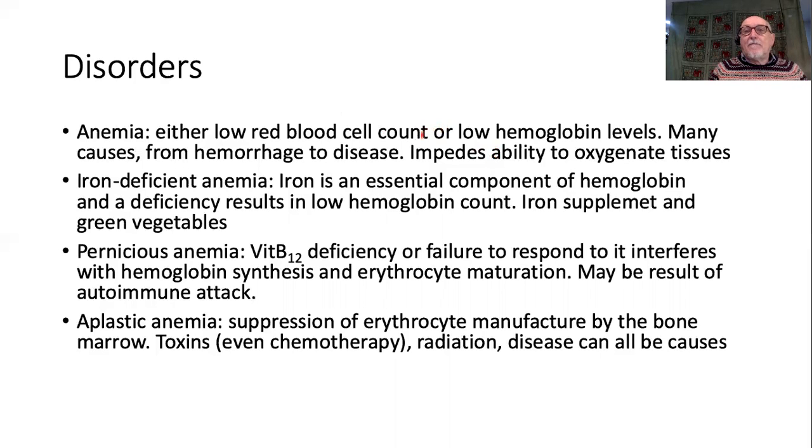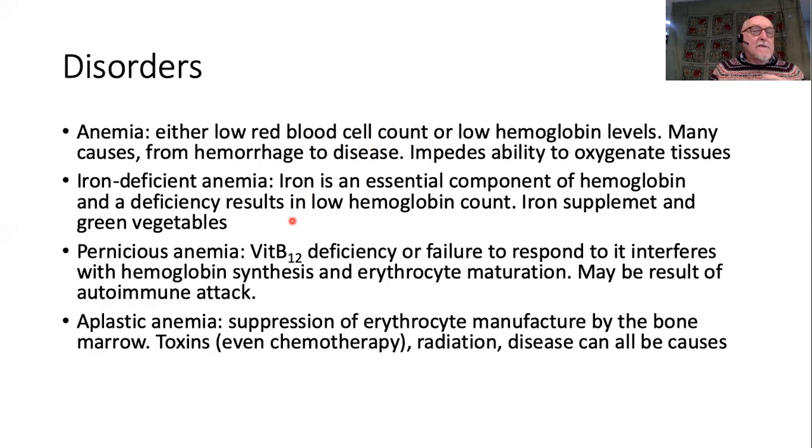In severe cases of anemia, blood transfusion might be resorted to, but often there are other things which can be used. There are supplements, for example iron supplements, which can be used to try and balance it.